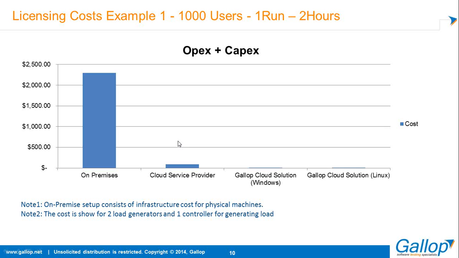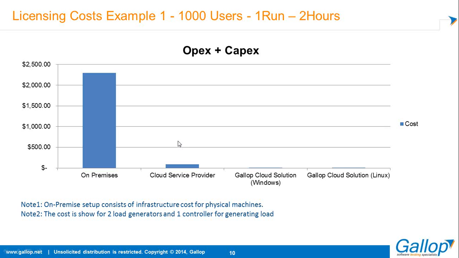And the last example is a very typical example which runs in a large enterprise company. You don't have just one application, you have 50 to 60 applications, and most of the time your concurrent user load is 500 to 600 users. Most of your tests run for 2 hours, and if you want to count all these particular tests in a year, let's say you have 100 applications and each application goes through 30 runs in a year, and you'll end up with 3,000 runs.